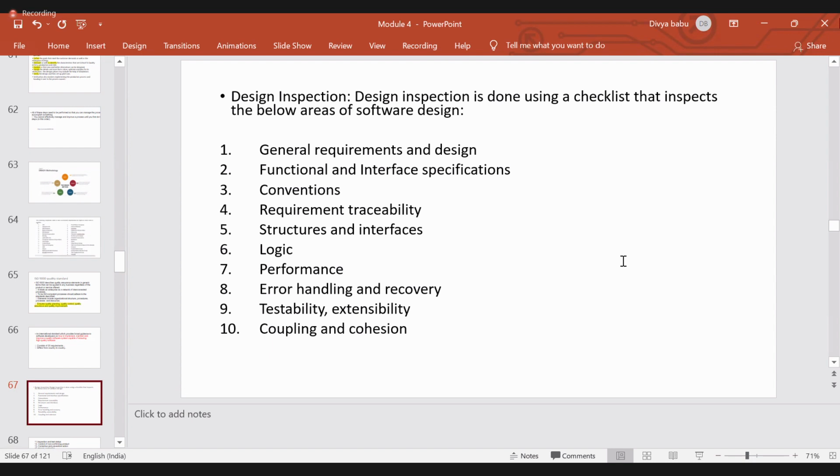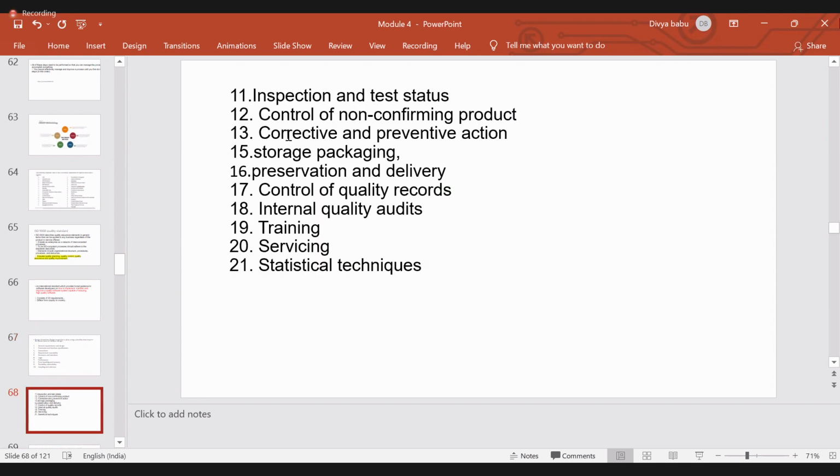You have to check with a checklist containing the areas which you need to cover: general requirements and design, functional interface specifications, conventions, requirement traceability, structures and interfaces, logic, performance, error handling and recovery, testability, extensibility, coupling coefficient. All these areas will be clearly mentioned in the checklist. With the checklist, you have to check your design. So that is called a design inspection.